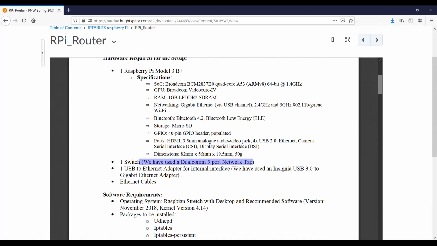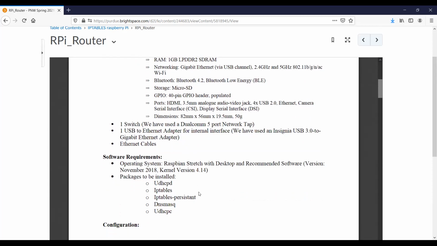And then definitely you do need the USB to Ethernet, right? Because the Raspberries only come with one Ethernet adapter. But that's actually part of the configuration, to connect to one of the USBs, and then you need the adapter. This even provides the one that we have used in the classroom.